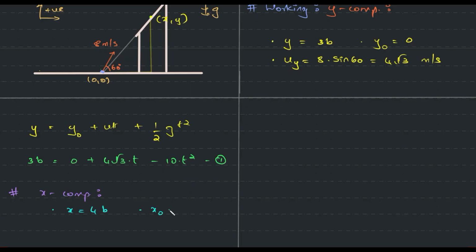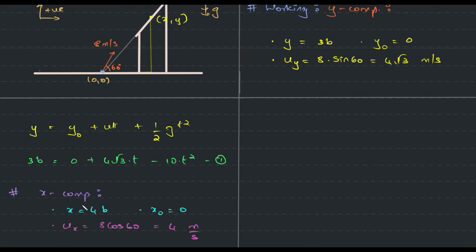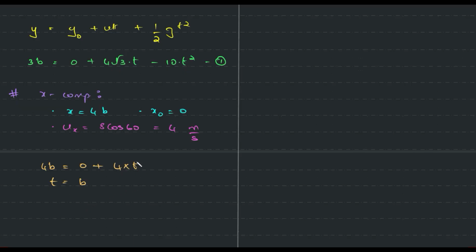So we started off at 0 and our initial velocity along the x-axis is 8 cos 60 degrees. This is half, so this is 4 meters per second. There's no acceleration over here, so this is a much easier thing to deal with. So we have 4t is equal to 4b, so t is equal to b. Call this equation 2. Done. All our problems are done.